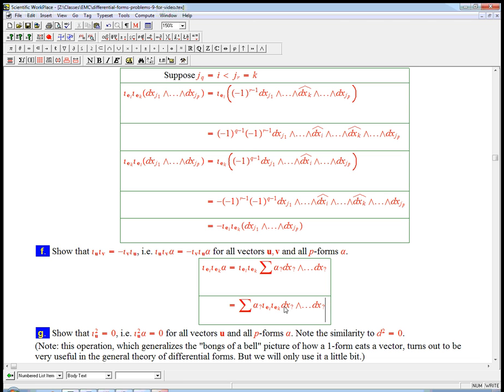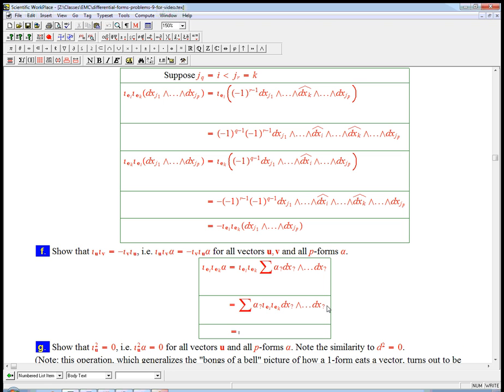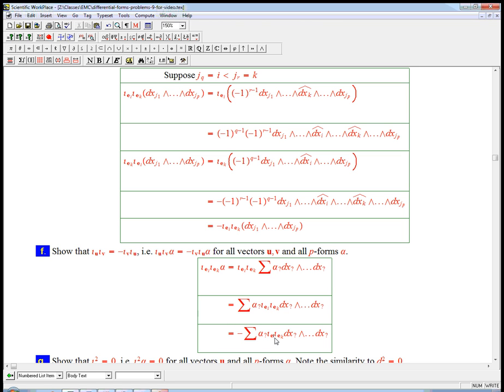Okay. So it's just going to be the sum of these guys, but we know from this explicit calculation that that is just going to change the sign if I change the order. So it's minus of that same thing if I change the order. And then I can just repackage it.